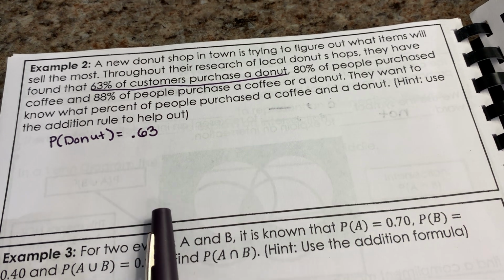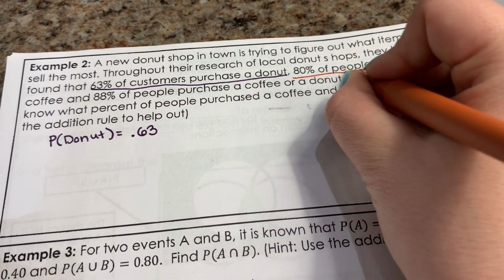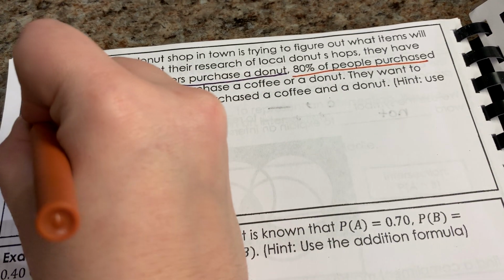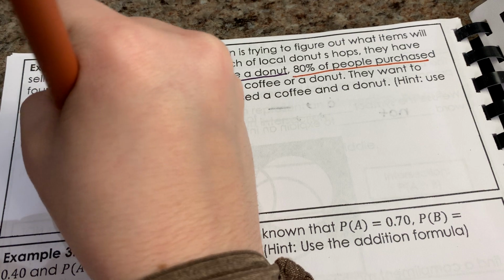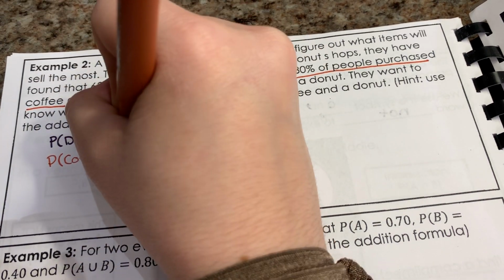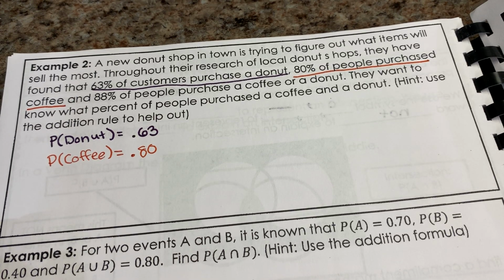All right. Next, we have that 80% of people purchased coffee. So again, pause. Our probability of somebody getting coffee is about 0.80, 80%. So we've got our two options here. We've got donut, we've got coffee.